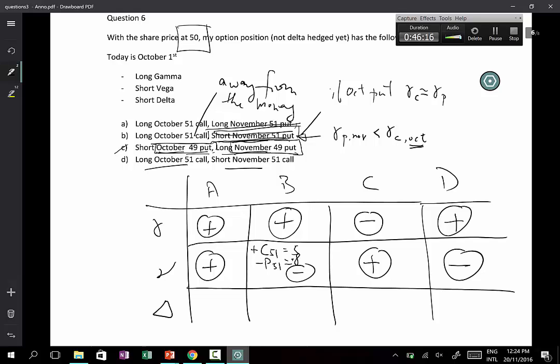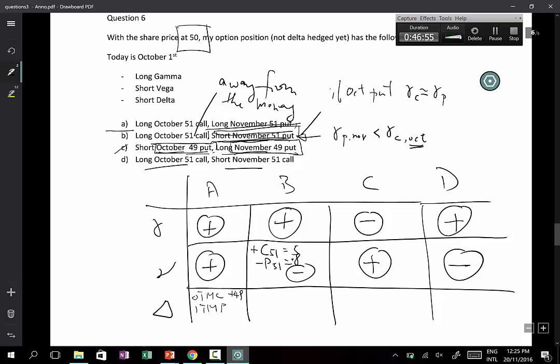Okay, let me give you an example. So for answer A, you are talking about an out of the money call. Let's just say that one has a delta of around 49. And you are also long an in the money put.